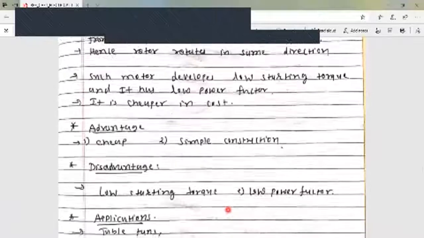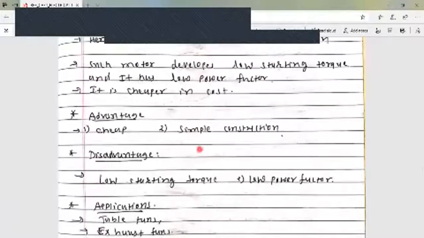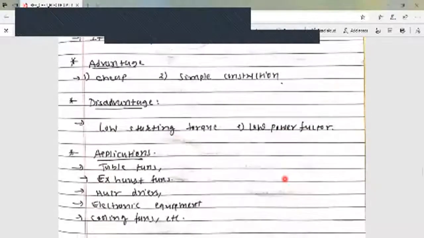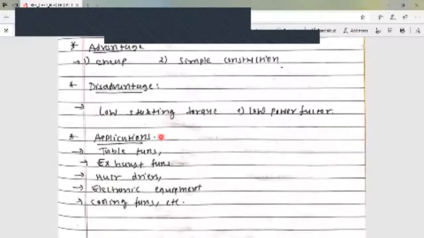So advantage is its simple construction, it is cheap. Disadvantage is low starting torque, low power factor compared to the capacitor start and capacitor run induction motor. And applications: table fans, exhaust fans, hair dryer, electronic equipment, and cooling fans.